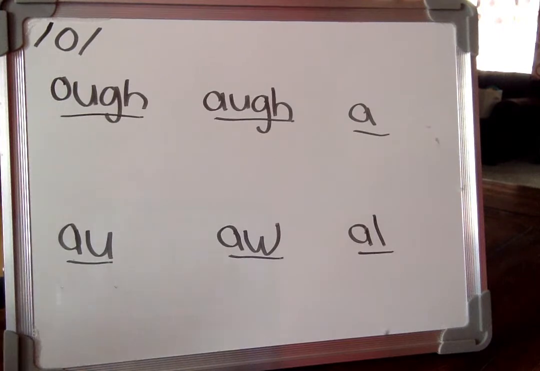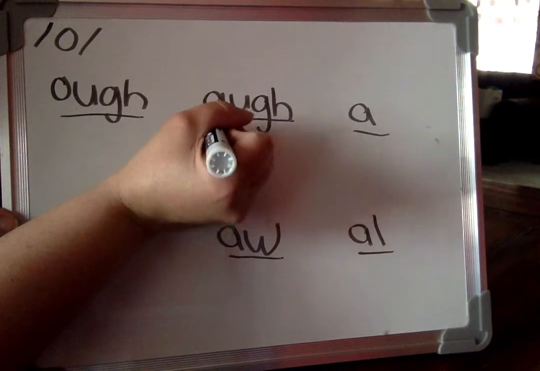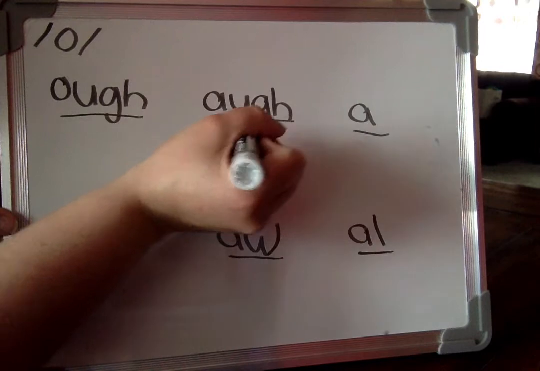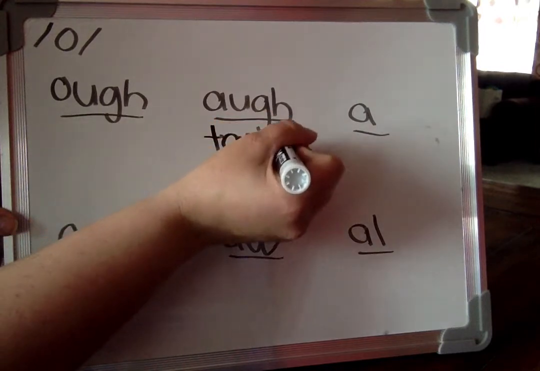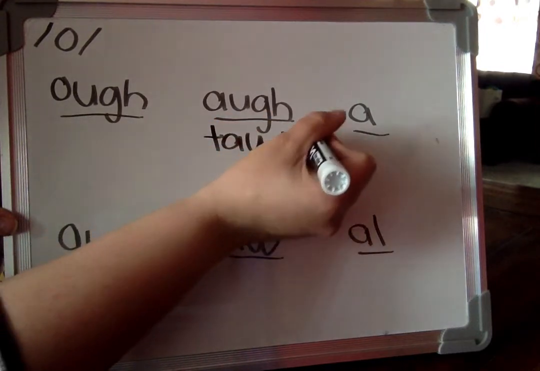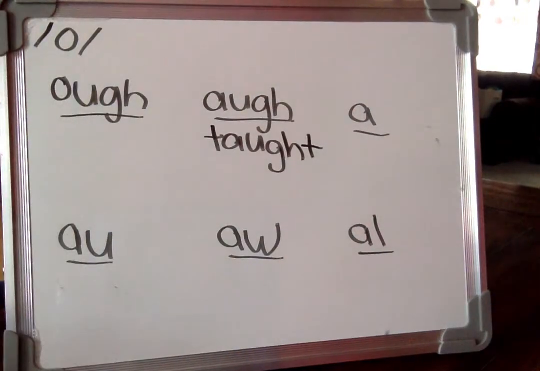So the first word is taught. Taught, like I taught the lesson. Where do you think that should go? That goes in A-U-G-H, taught. Okay, we see that A-U-G-H makes that sound.